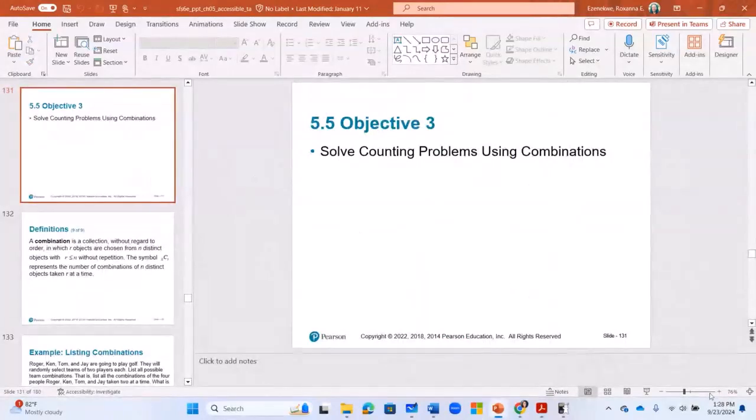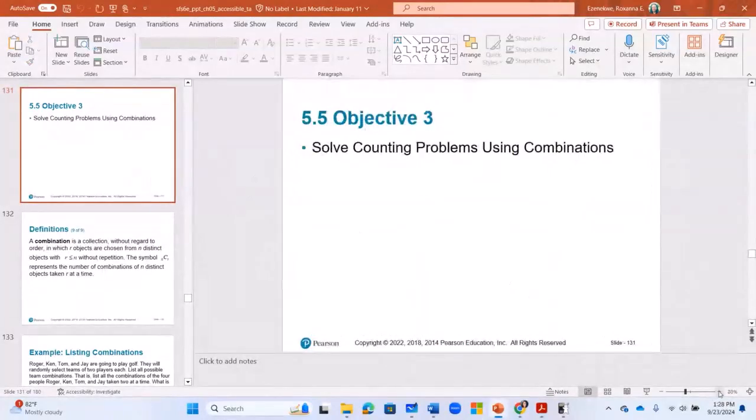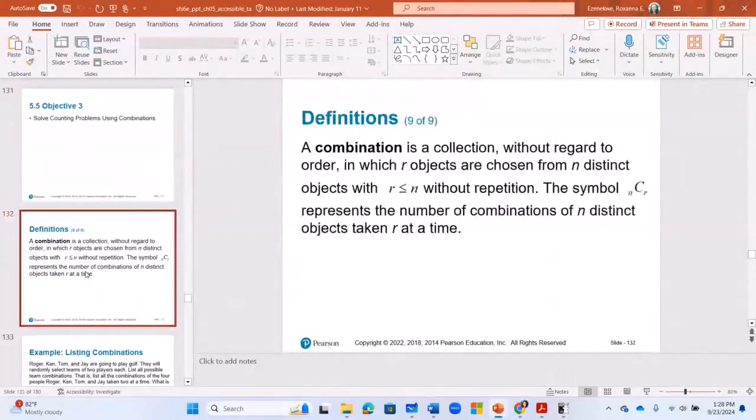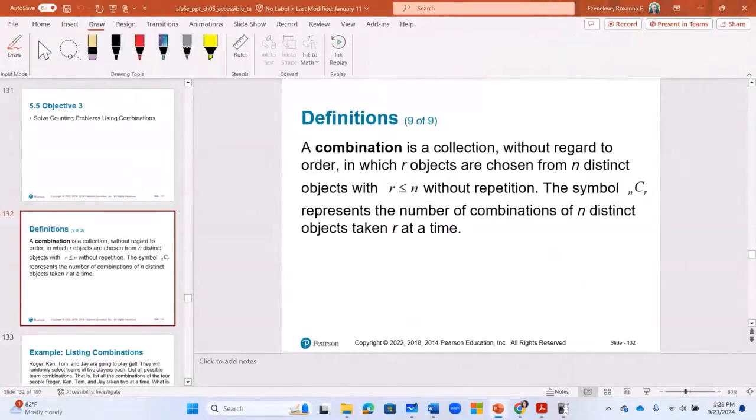Okay, 5.5 says solve counting problems using combination. I want us to know the meaning first of all. A combination is a collection without regard to order. Order is not important. Make sure you note this, as it is one of the confusions people have.